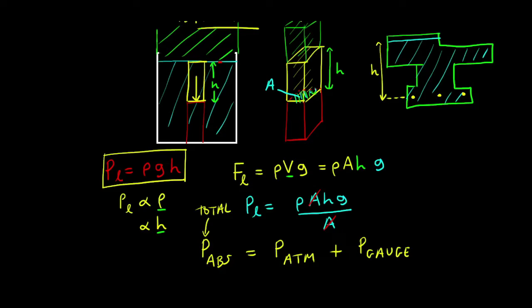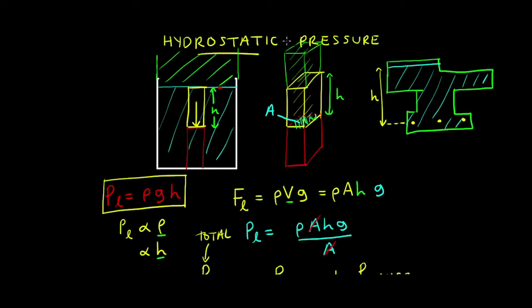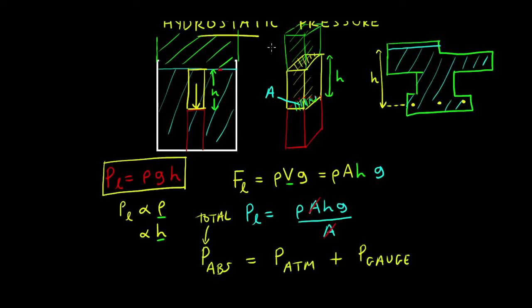So in other words, what we have is the atmospheric pressure exerted on the top surface of the fluid. That would be the force due to the weight of the air on the area over here, and that's the atmospheric pressure.